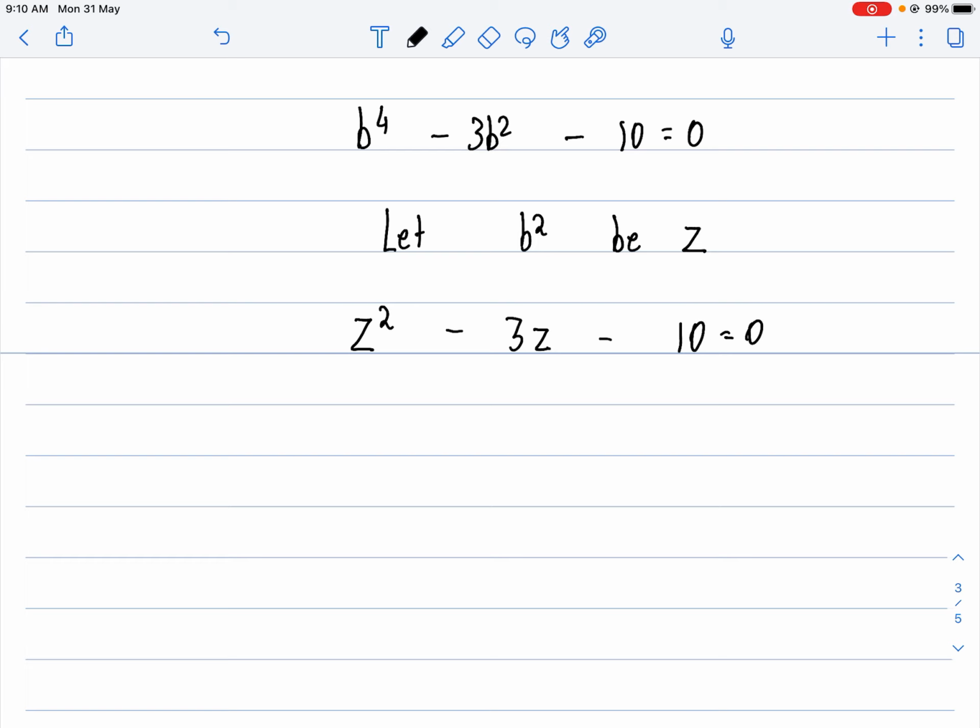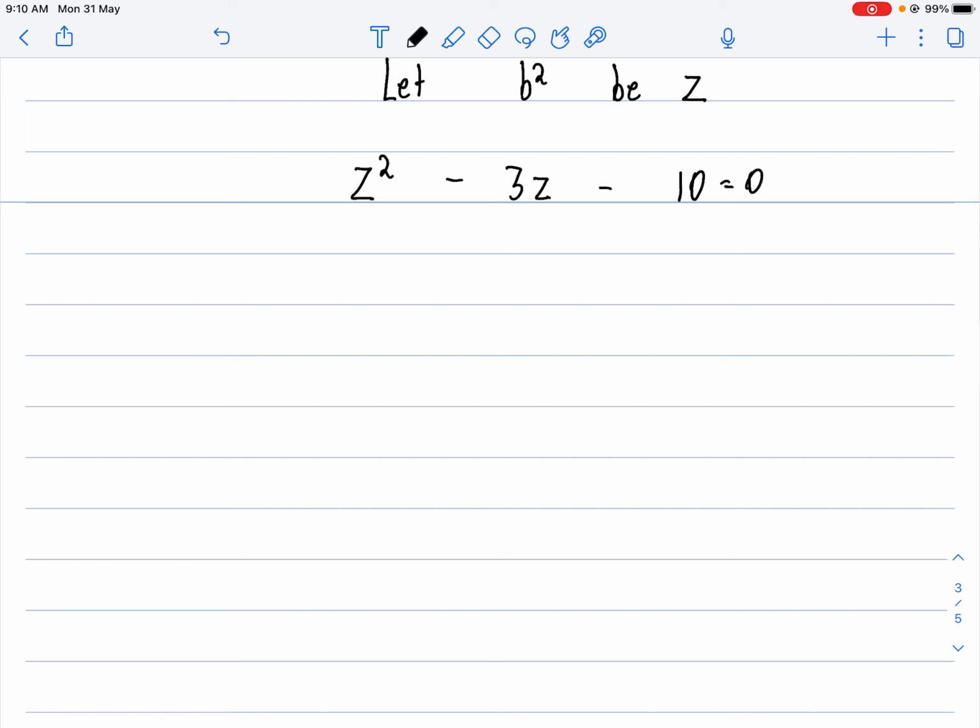Now I know this is a quadratic to solve. So I have my formula, which is minus b plus minus the square root of b square minus 4ac over 2a. Agreed? Here my a is 1, which is the coefficient of z square. My b is -3 and my c is -10.